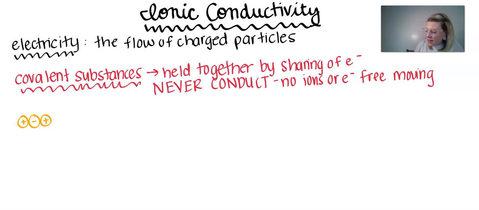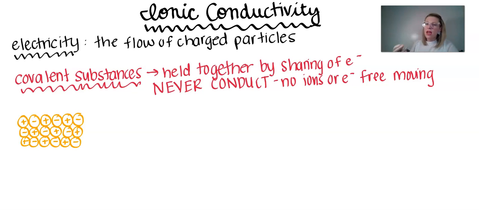An ionic solid is made of what's called a crystalline lattice, a really organized structure of alternating positive and negative ions. You'll notice from the diagram that they alternate so that the positives only come in contact with the negatives, and they're attracted, so there's no issue there.